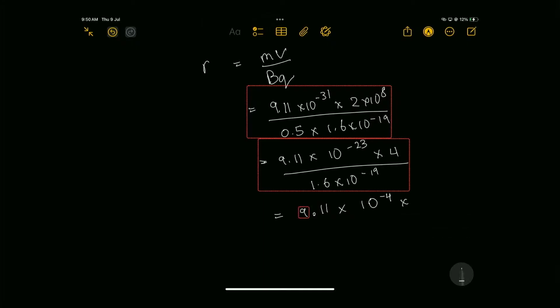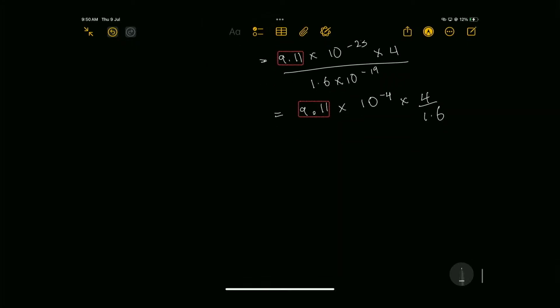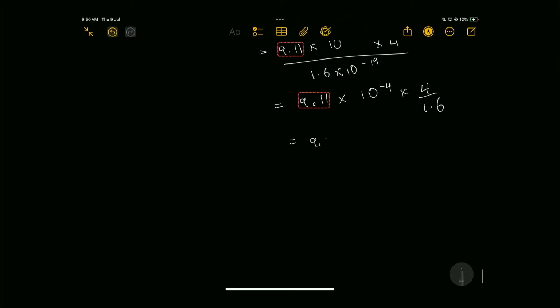So you could write that as multiplied by 4 over 1.6, which is equal to 9.11 by 10 to the negative 4, and 4 divided by 1.6 is equal to 2.5.